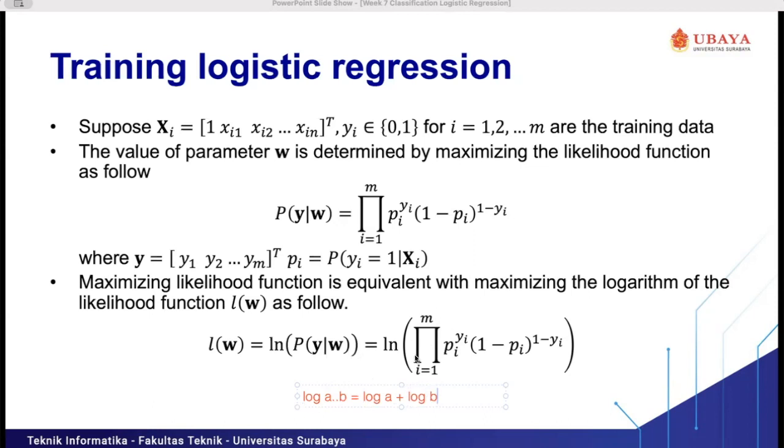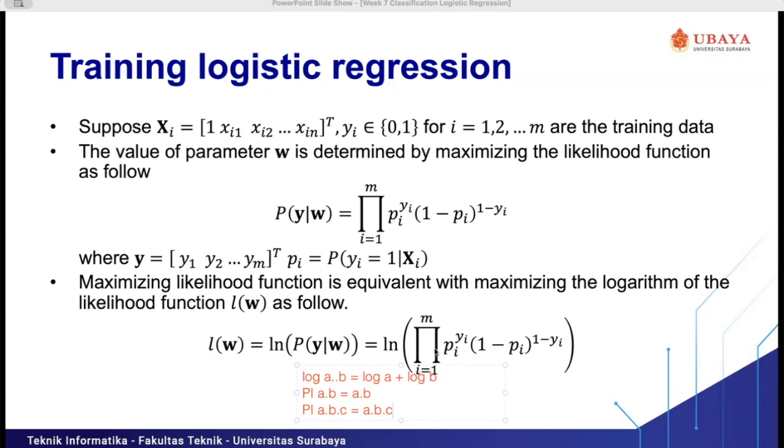Remember, the pi notation here is similar to the sigma notation, but the difference is that with the pi notation we multiply the values after that. We call this notation the pi. The pi of a and b means a multiplied by b, and the pi of a, b and c will be a multiplied by b multiplied by c.